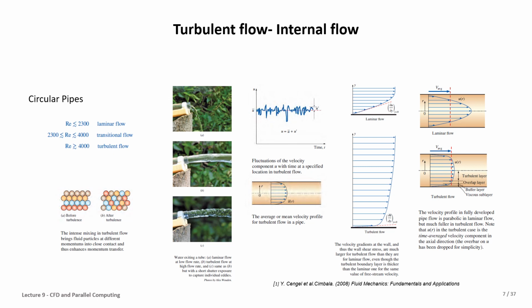Another example here, you can see before the turbulence and after the turbulence. When we have a laminar flow before the turbulence, the particles have a uniform structure. They are in lines.